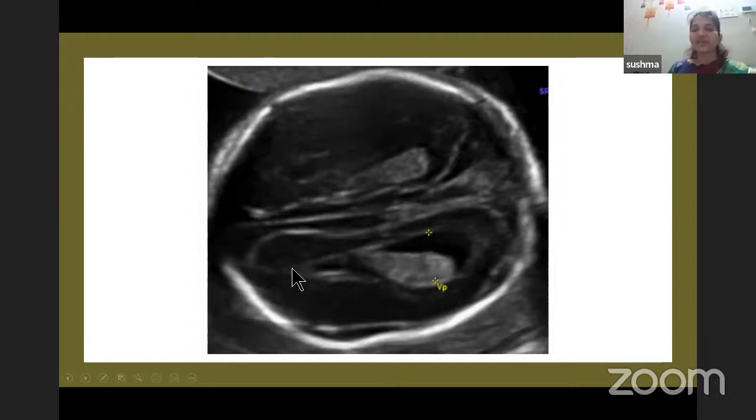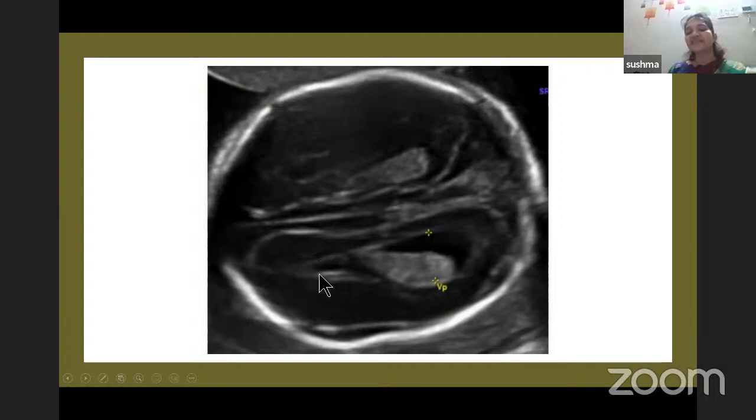Why do we get this teardrop sign here? The usual finger-like projection that we have to get is actually pinched out here, and it becomes narrowed and like a teardrop. It is pinched out by the Probst bundles. These are the neurons that are supposed to cross here, but they are not crossing, and they form a bulge and press on the anterior horn.